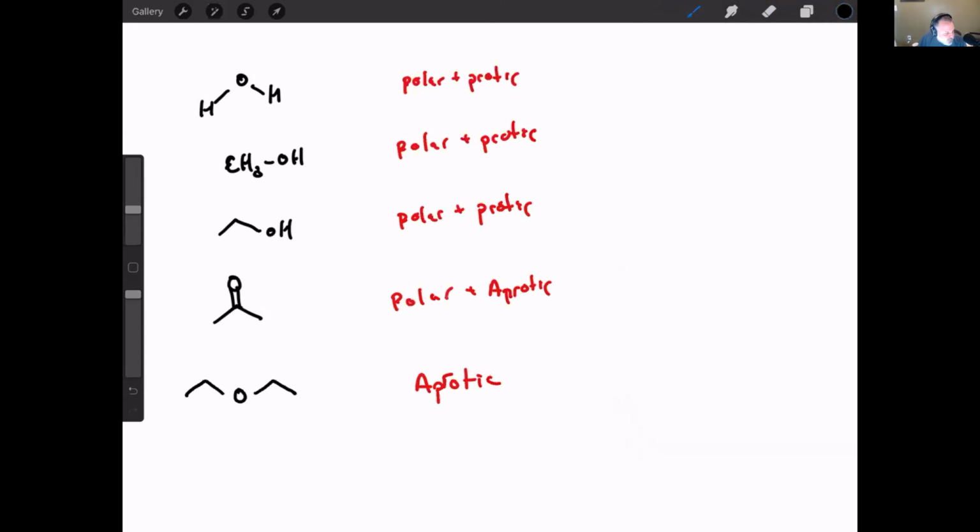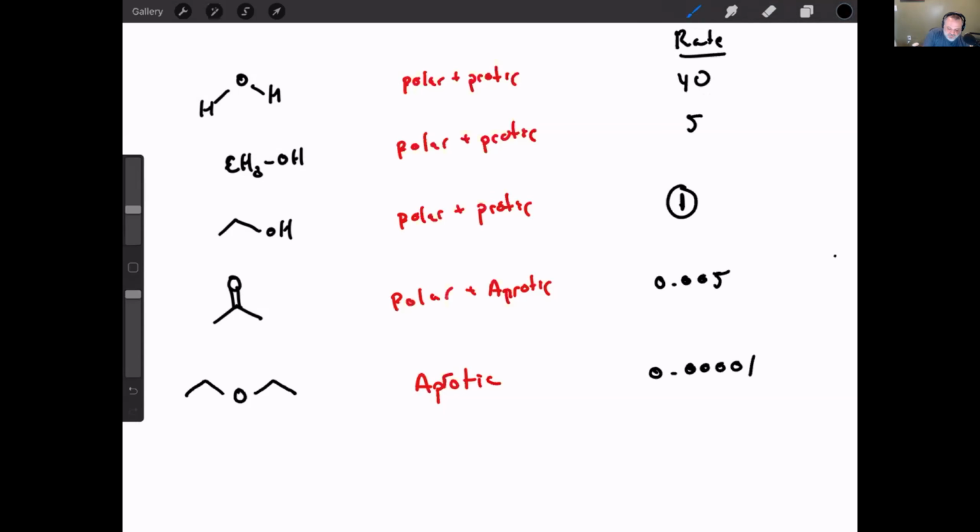If I were to assign a relative reaction rate and assign 1 as the relative reaction rate for ethanol, here's how this works. So the rate increases as the polarity of the solvent increases.